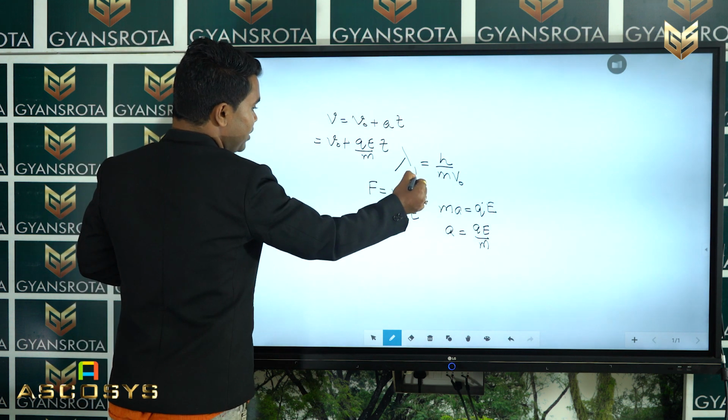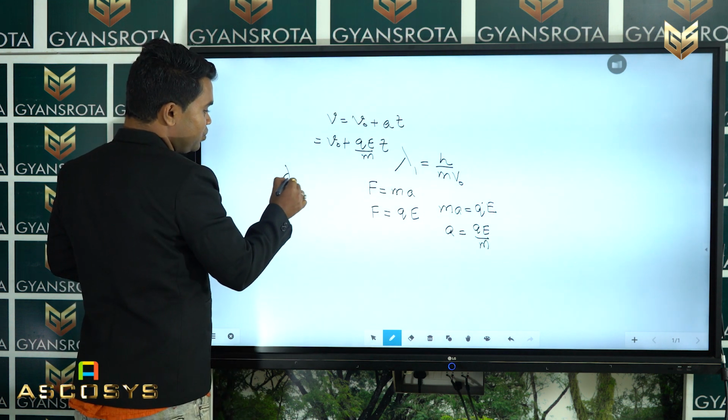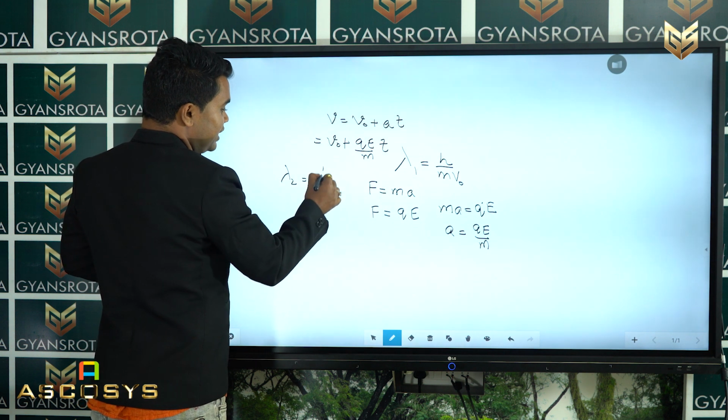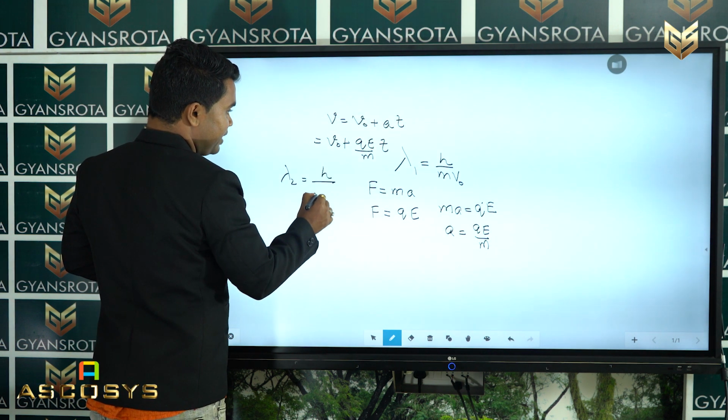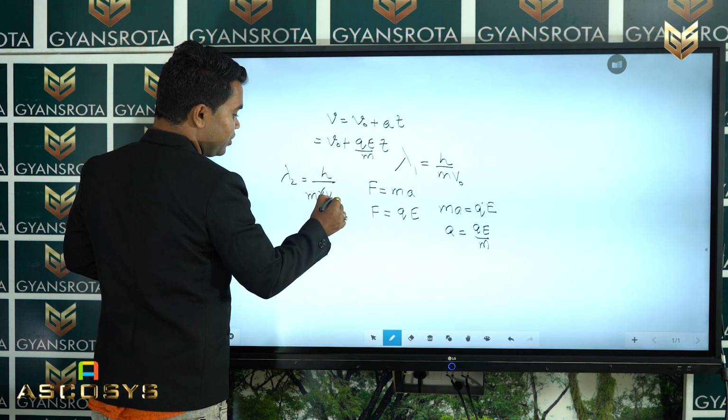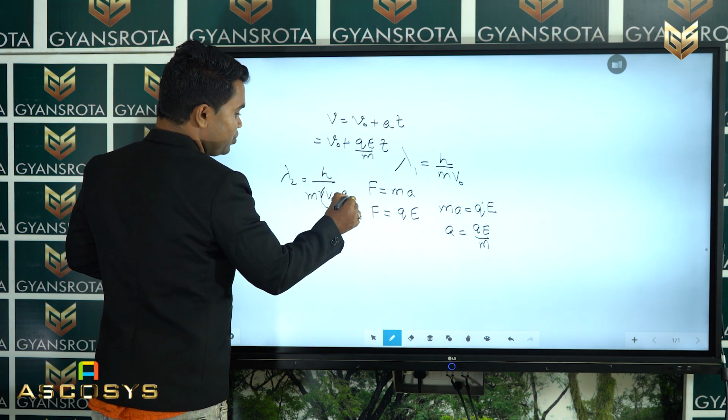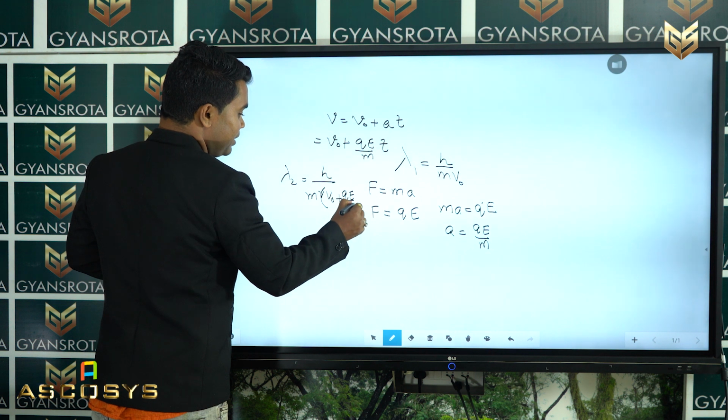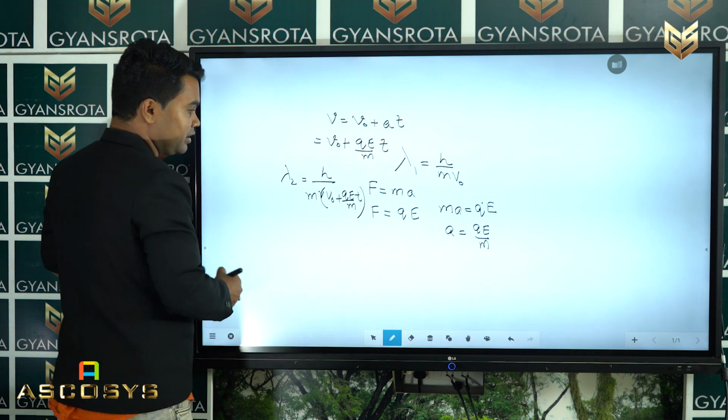Now if this is lambda 1 initially, my lambda 2 will be equals to h by m v. In place of v naught, you will write down v naught plus qE by m multiplied with t.